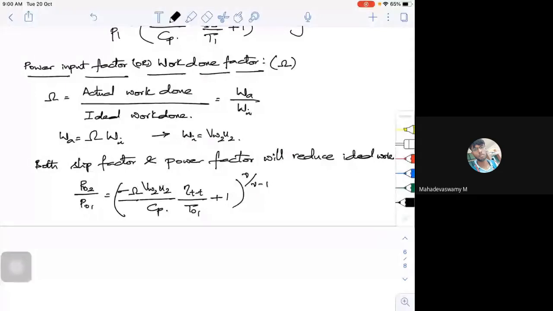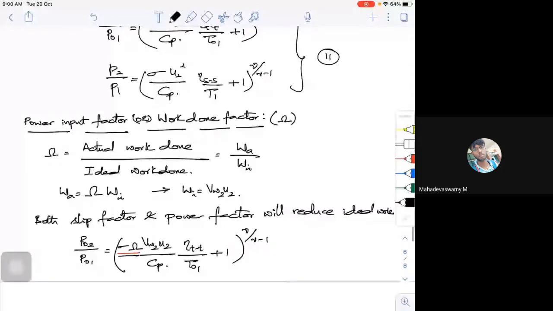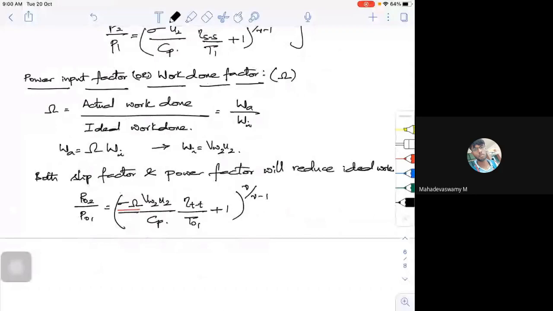So both the slip factor and the work done factor will reduce the work requirement of your compressor. Let me call this expression number 12, for a regular general condition.